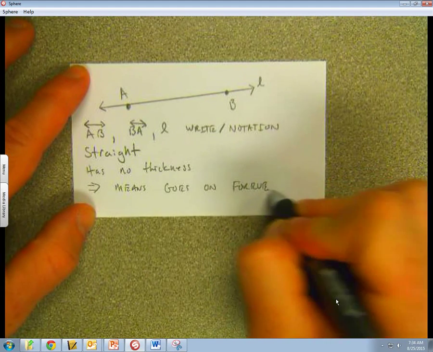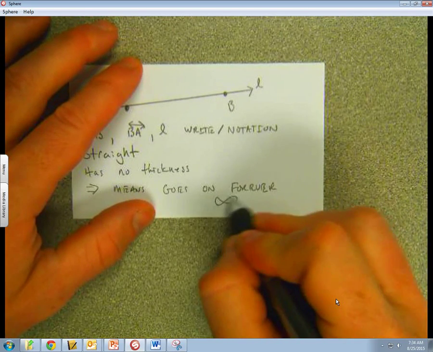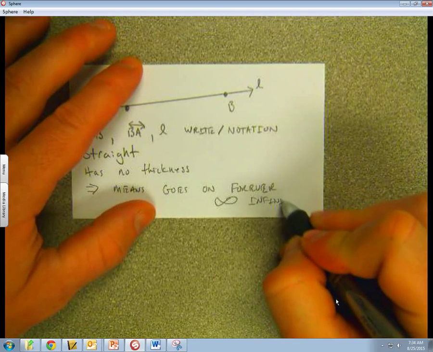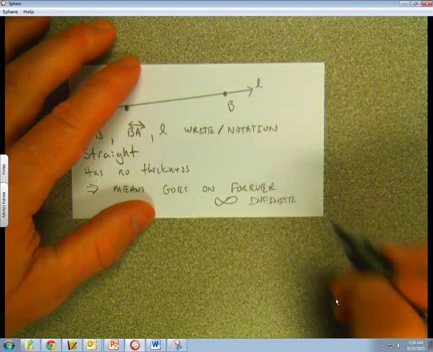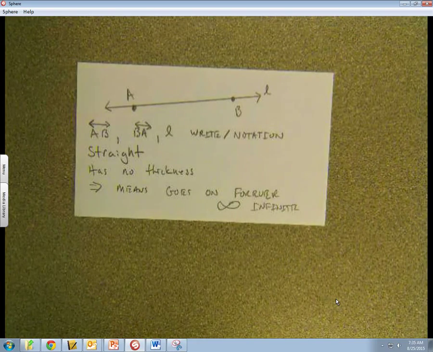And the way that we can write that in math is it is infinite. Okay, and we'll introduce some other cousins of the line, sisters of the line, next, but a line by definition goes on forever. Okay, so that is line.